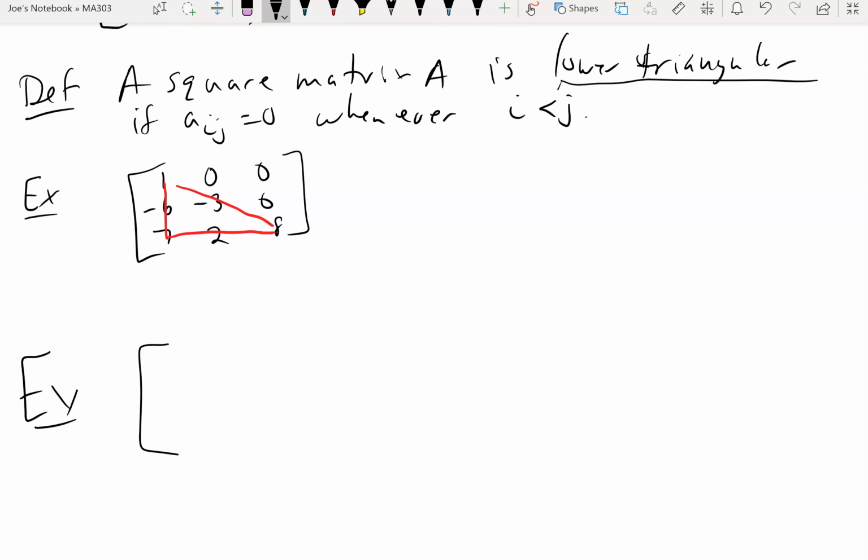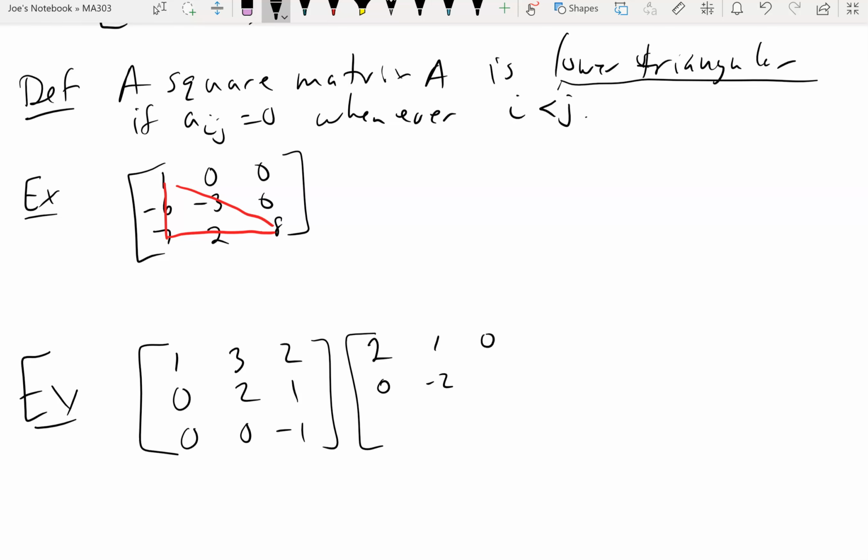If I multiply the matrix, let's say 1, 3, 2, 0, 2, 1, 0, 0, negative 1, by 2, 1, 0, 0, negative 2, 3, 0, 0, 4, say. Just go ahead and do the multiplication.